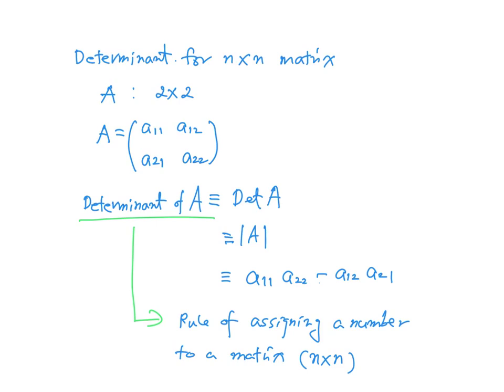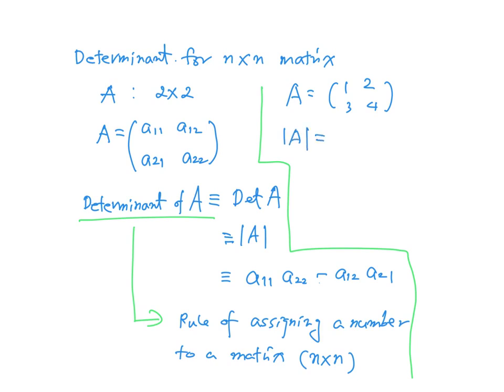So we can do some examples. We have many empty spaces here. If A is given by 1, 2, 3, 4, then determinant A is 1 times 4 minus 2 times 3, which is minus 2.